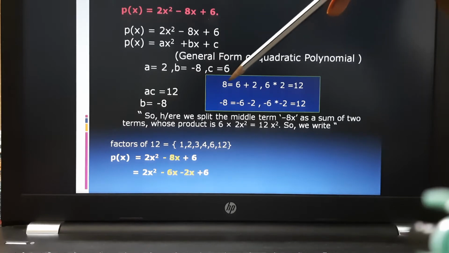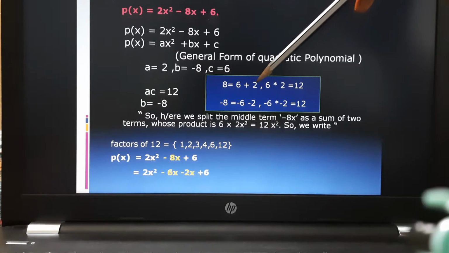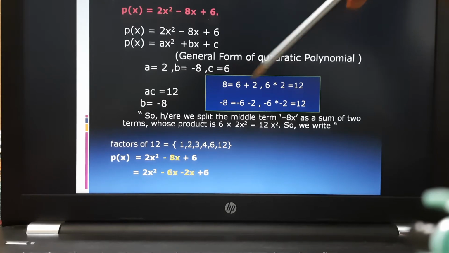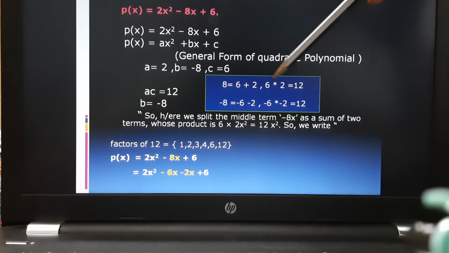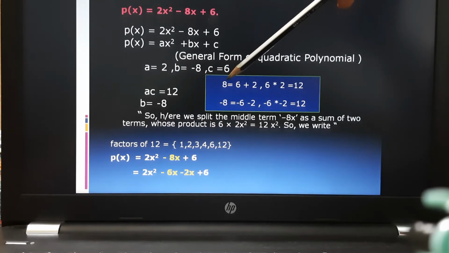First I am taking 8 and splitting it into two parts, that is 6 plus 2. I can write 8 as 6 plus 2, right? But here we have a condition: when we multiply 6 and 2 we get 12.